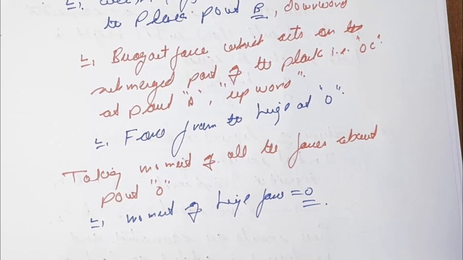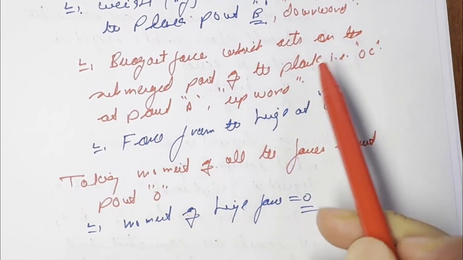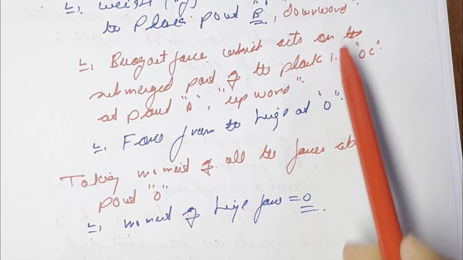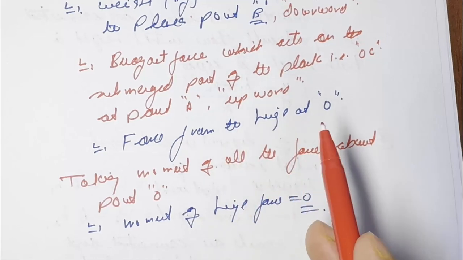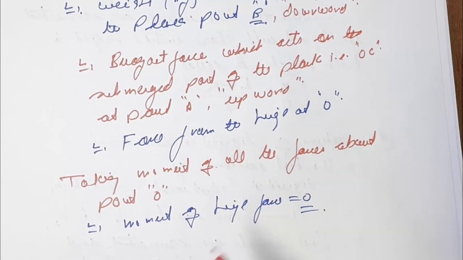And for vertical equilibrium rather, now we have only two forces. One is the weight, which is acting in the downward direction, and the buoyant force will be upward direction. So moment because of the weight and the moment because of the buoyant force should be equal.